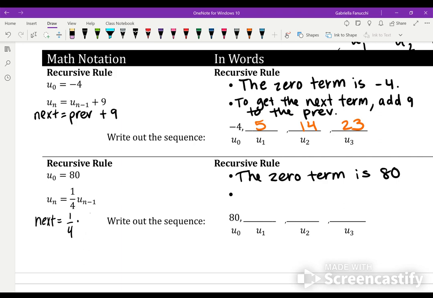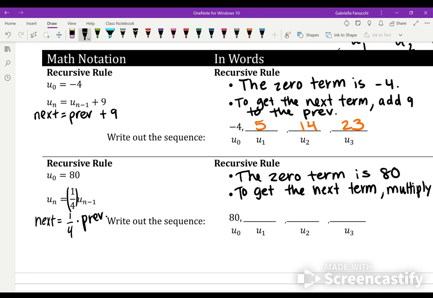Okay. You need to recognize this as multiplication, right? Basically, if there's parentheses there, you can show it just by putting it next to each other since we have a variable there. So this is 1/4 times the previous. So to get the next term, multiply the previous number by 1/4.